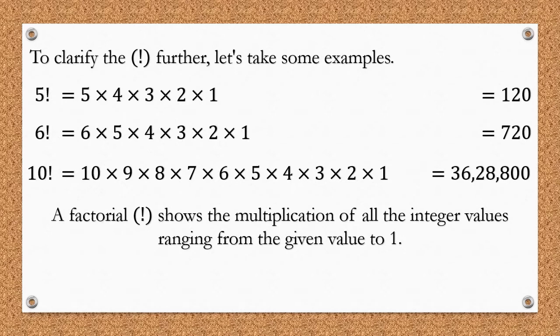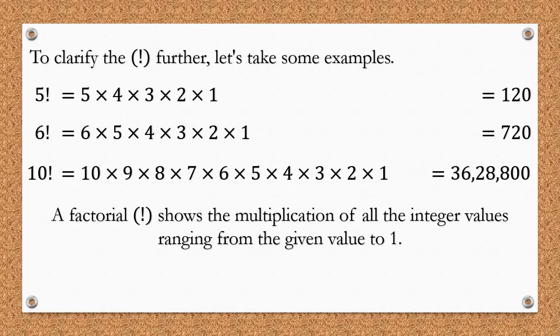If I am talking about 6 factorial, all the integer values from 6 to 1 will be multiplied. If I am talking about 10 factorial, all the integer values from 10 to 1 will be multiplied. Similarly, for n factorial, all the integer values from n to 1 will be multiplied. That's why I am reducing one value from n.